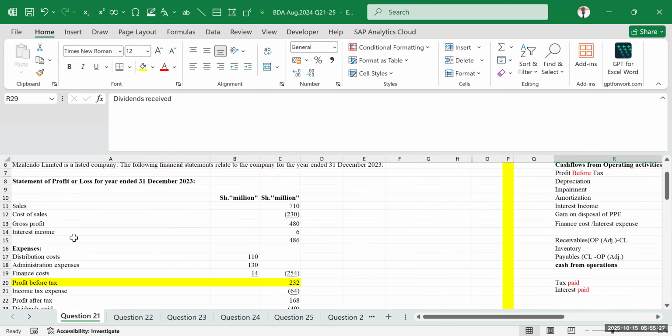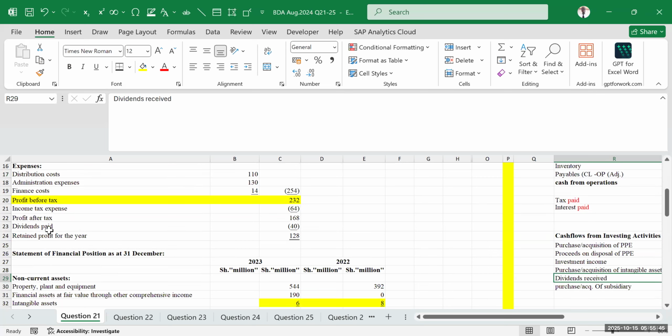I'm seeing interest income of 6 million, and I'm not seeing any other.